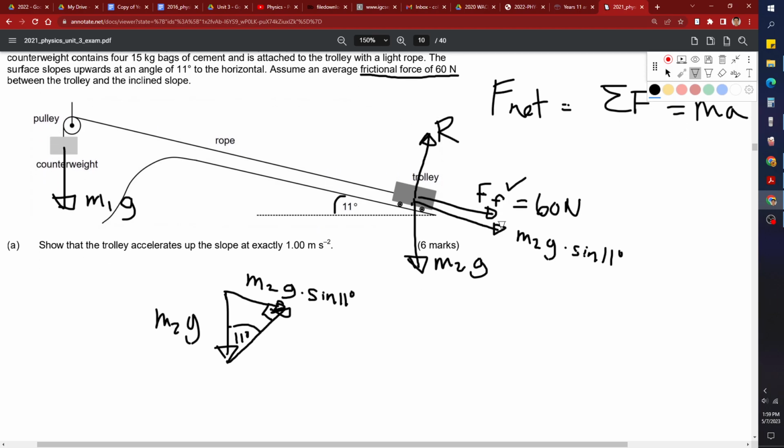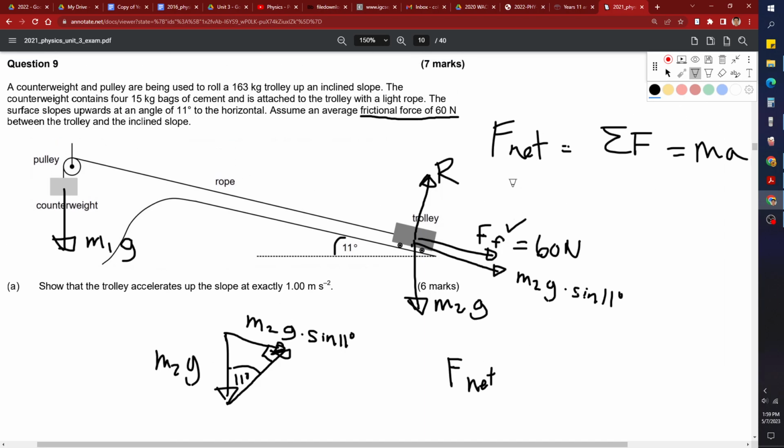So if we look at the net force of this, we know that it's going to be all those things, but in terms of net force, we want to show that the trolley accelerates up the hill at 1 meter per second squared.